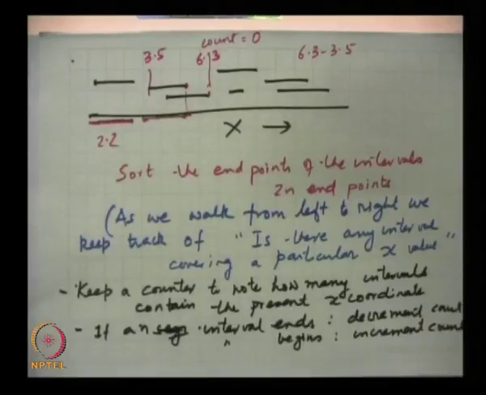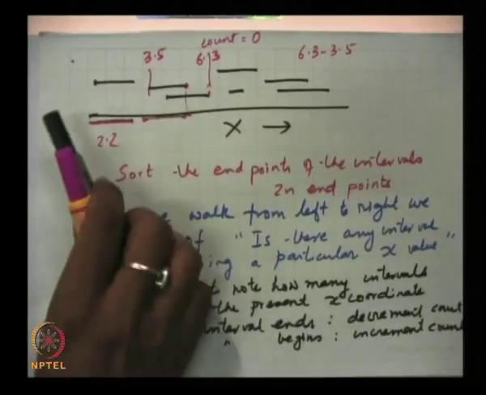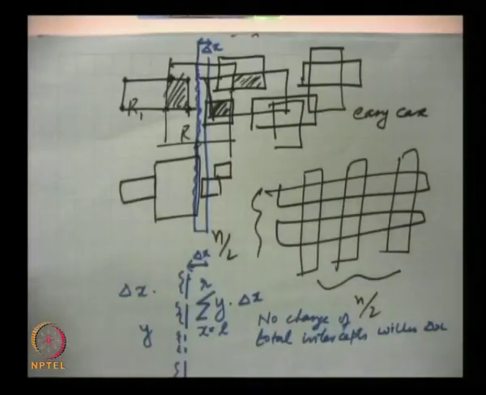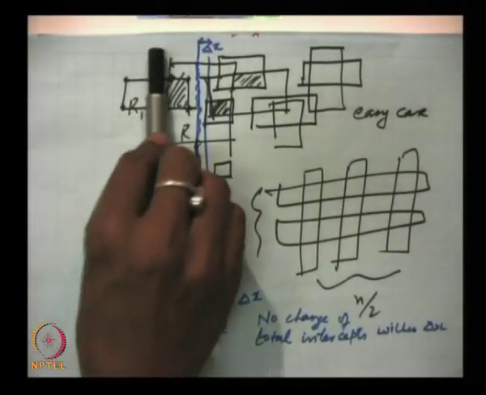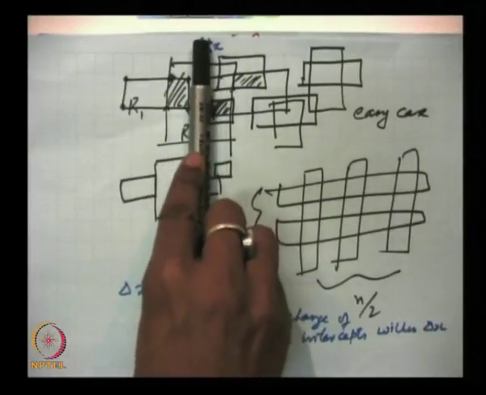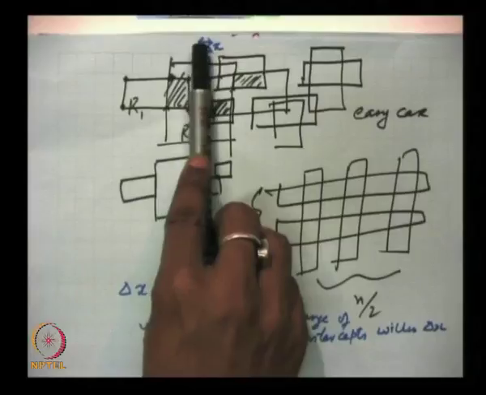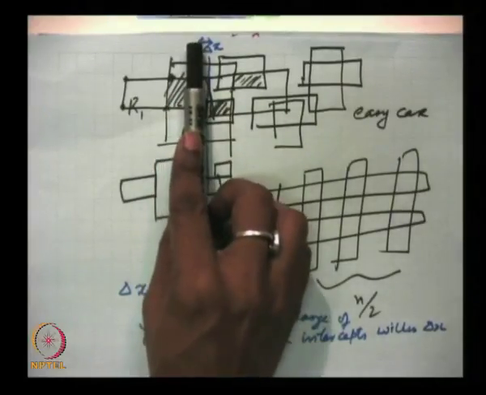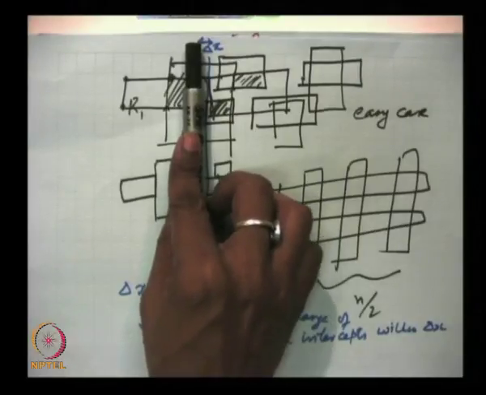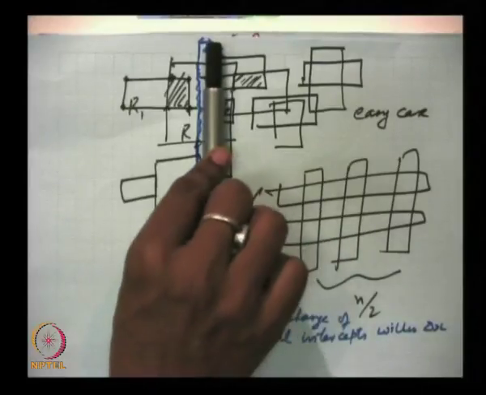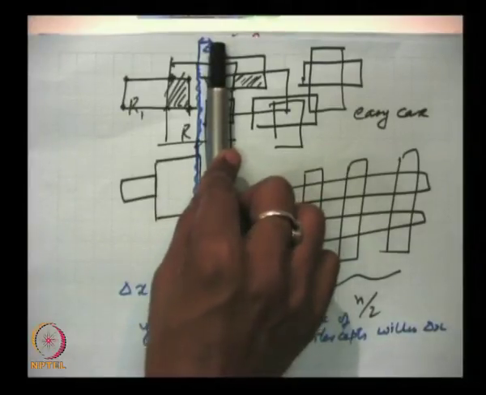And then we put these things together. Let me go back to the original problem. In the original problem, we are sweeping a vertical line. At any x coordinate, by the previous approach we can compute the total intercept of the rectangles with this line, and then we can keep sweeping till we encounter the next event point, which is either the beginning or the end of a rectangle.